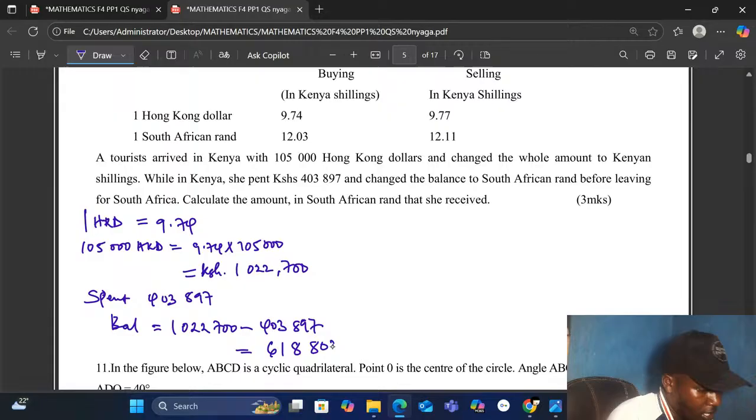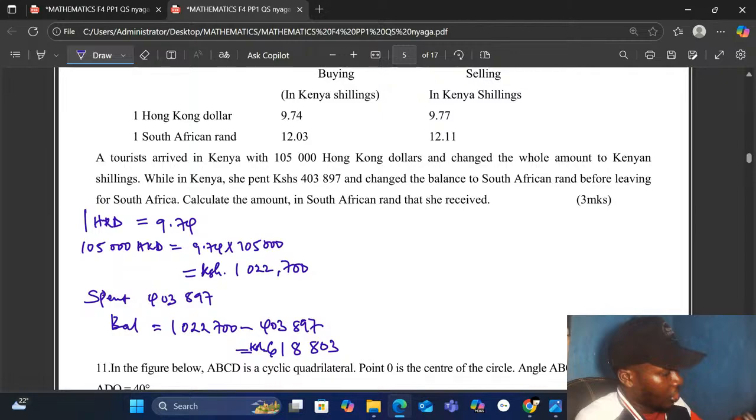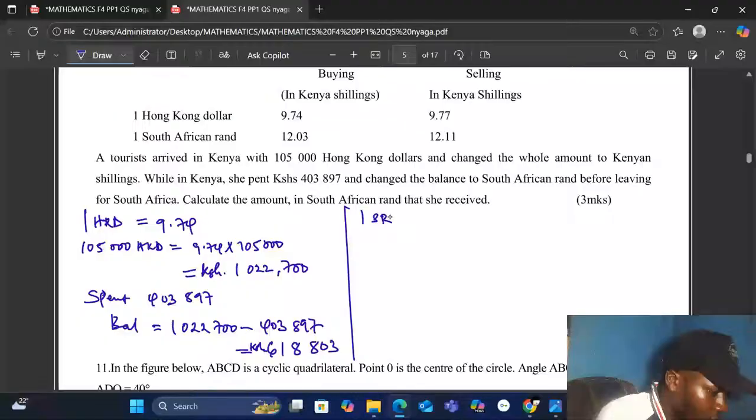This is Kenyan shillings that she received, which she later changed to South African rands, and we know that 12,803.